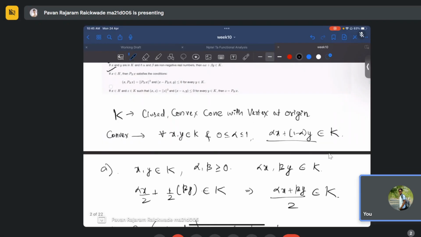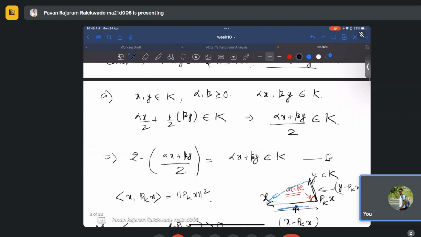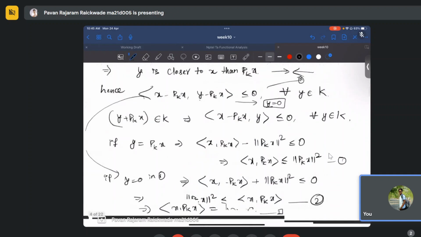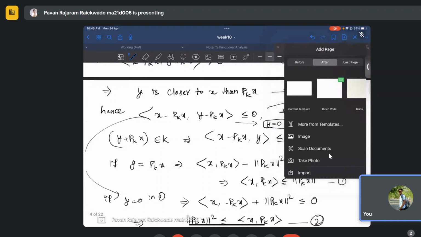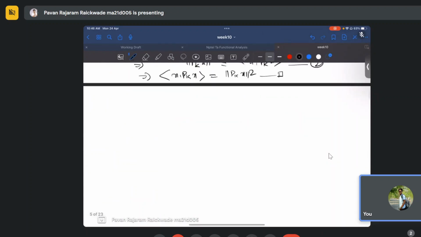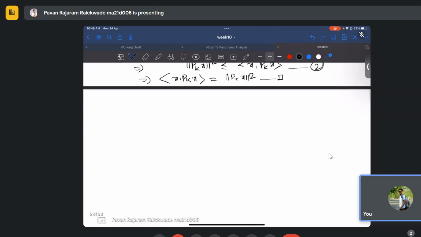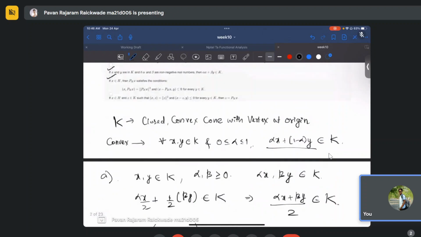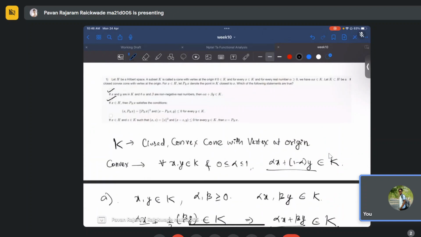Okay, so now option 3. Option 3 says if we have a Z in K with this property, then Z is the projection.